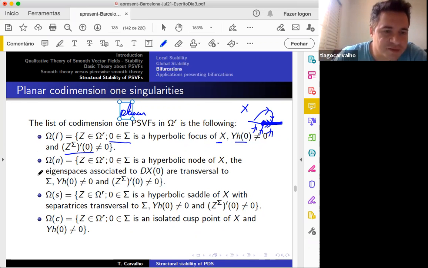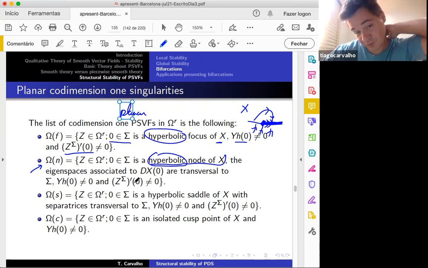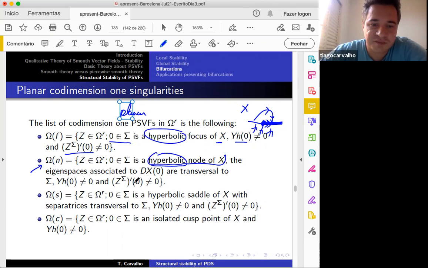Well, the second set is omega n, that corresponds to the vector fields such that the x vector field has a hyperbolic node. Okay, because we are talking about codimension 1 vector fields, so these singularities must be hyperbolic.